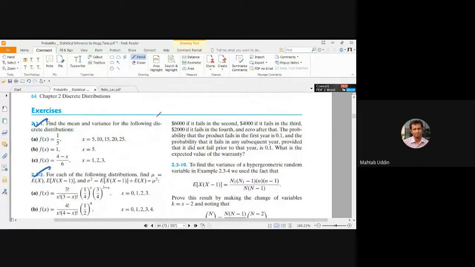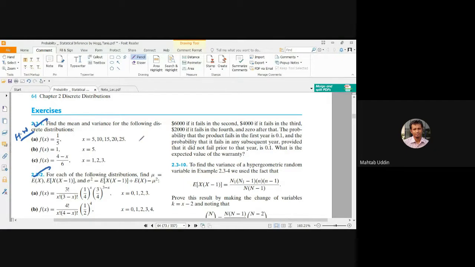Look at this. For the following discrete distributions, find the mean and variance. That is, for each of them, you have to find the expectation of x and expectation of x squared, then use the formula. Here this is a uniform distribution, so all of them have the same probability, and the x are given.